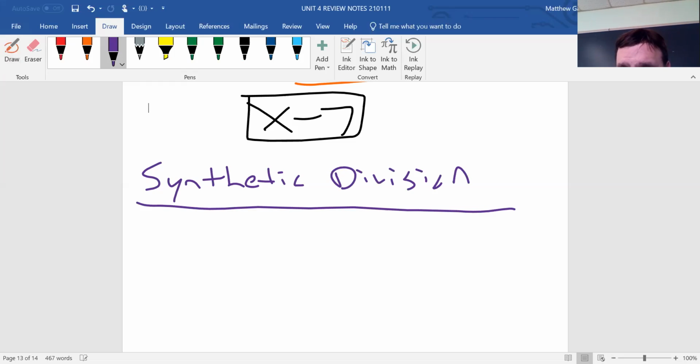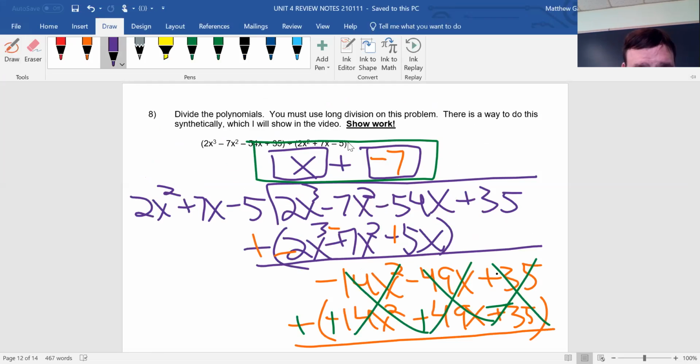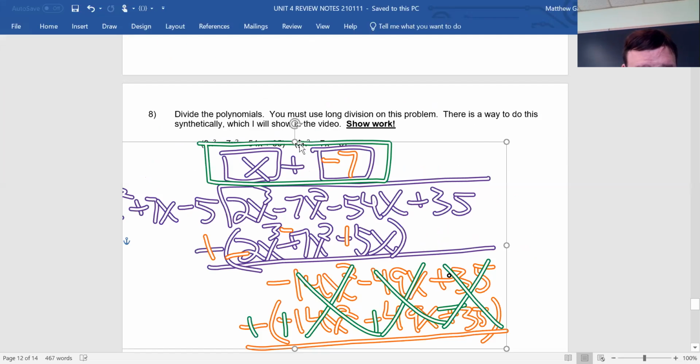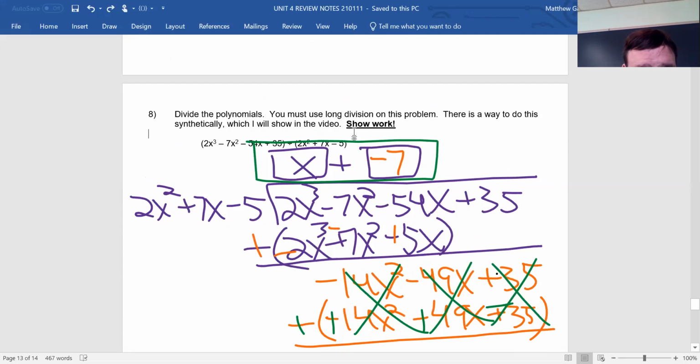If I wanted to find the x-intercepts on the divisor, 2x squared plus 7x plus 5.